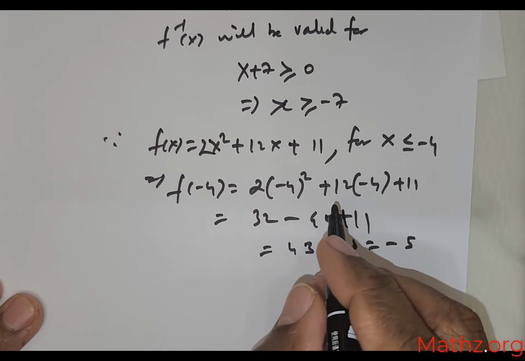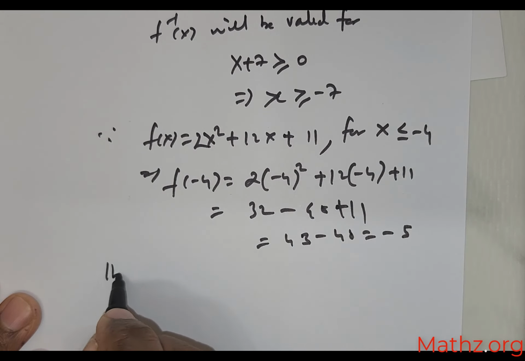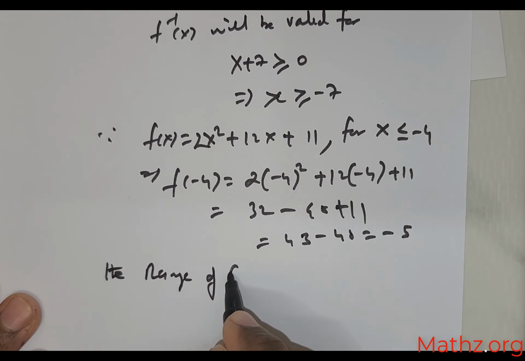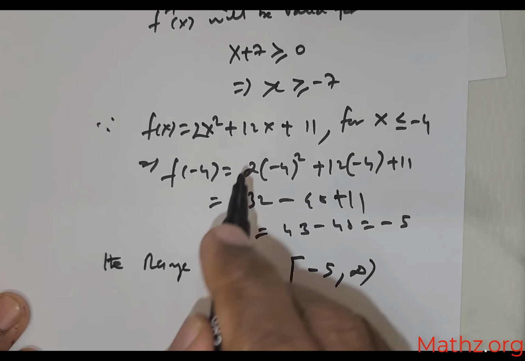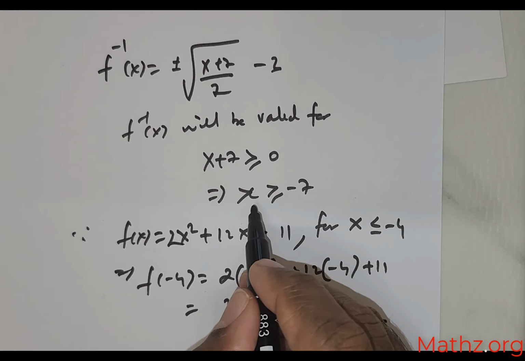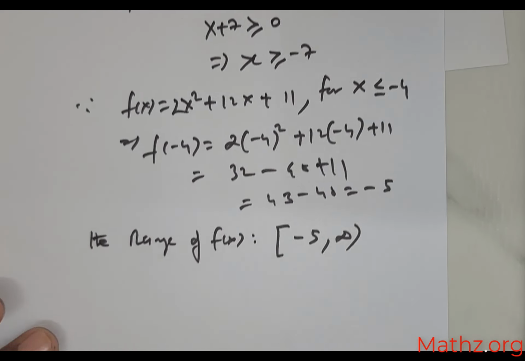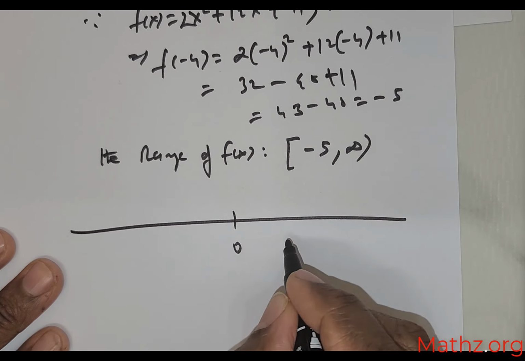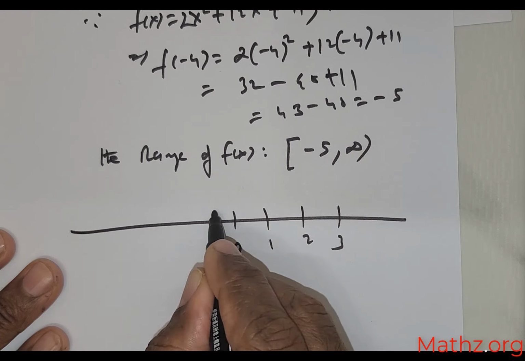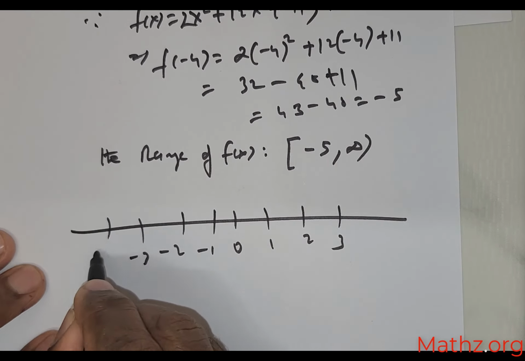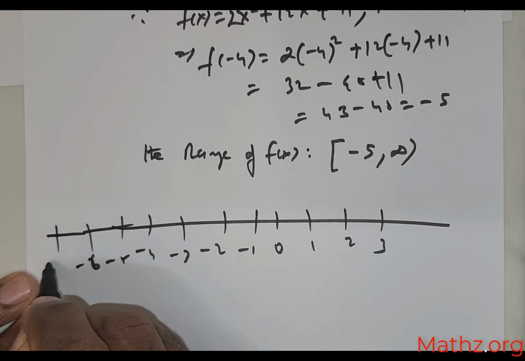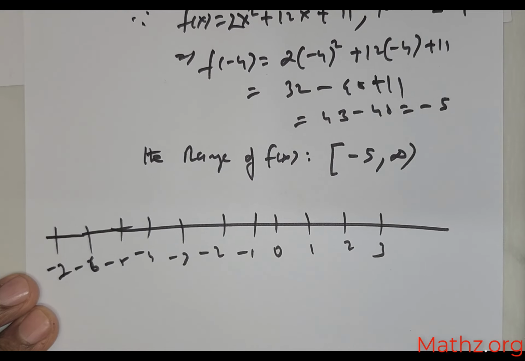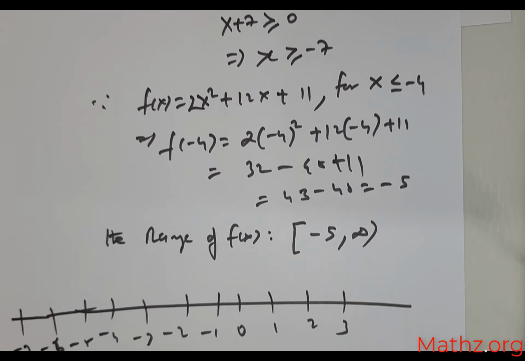So what do we see here? The range of f of x is actually from negative 5 to infinity, right? But as I mentioned, f inverse of x is taking all values of x greater than or equal to negative 7. So let me draw the graph: 0, 1, 2, 3, and negative 1, negative 2, negative 3, negative 4, negative 5, negative 6, negative 7. So all x greater than or equal to negative 7.